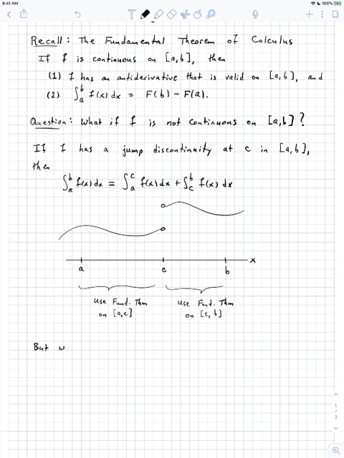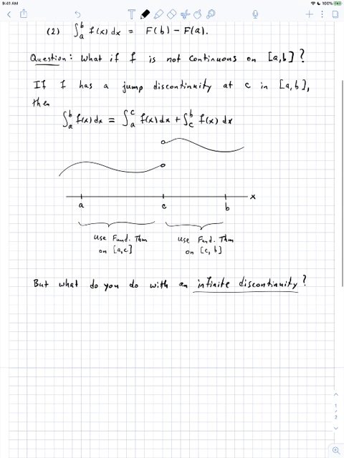But what do you do with an infinite discontinuity? What to do with an infinite discontinuity? So if you have an infinite discontinuity, that means basically you're dividing by 0.